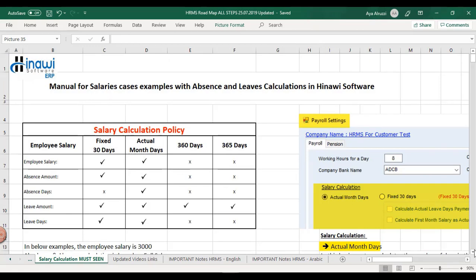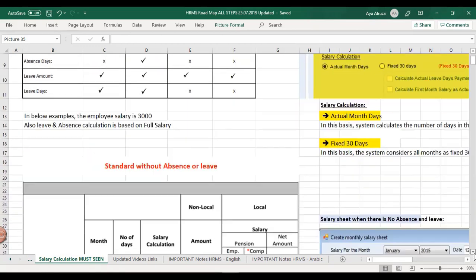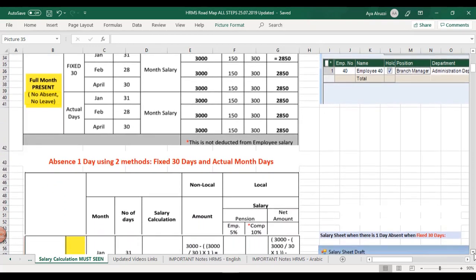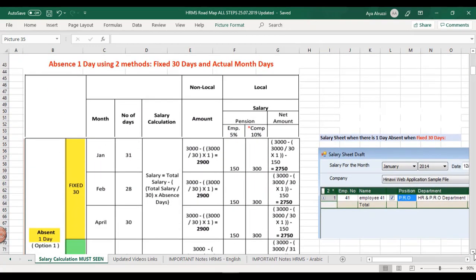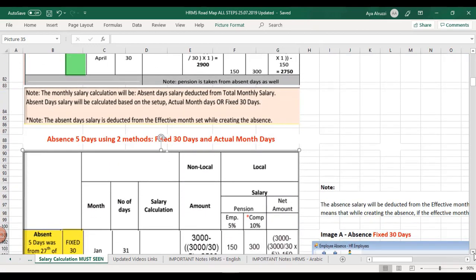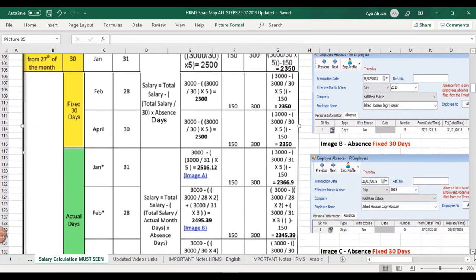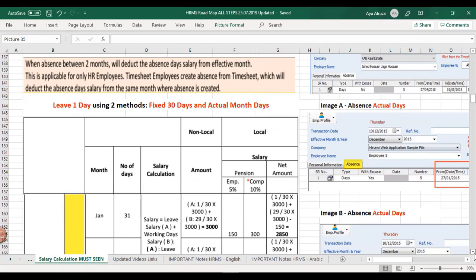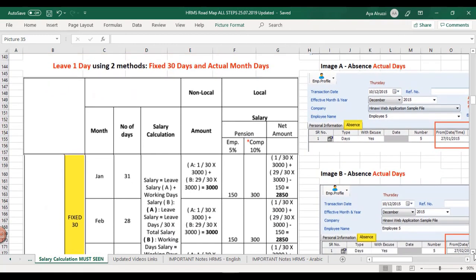Now let's talk about the leave. So we have covered the salary calculation policy, we have covered the absence, whether we're talking about 1 day of absence or 5 days of absences, and now we will cover the leave. As we can see here, we will see the leave based on 1 day of leave.